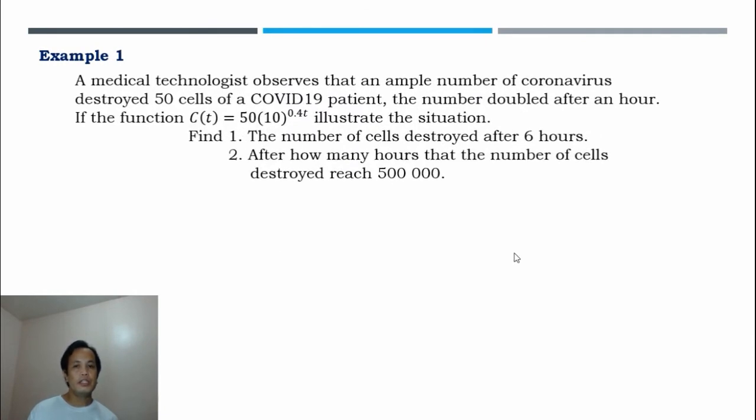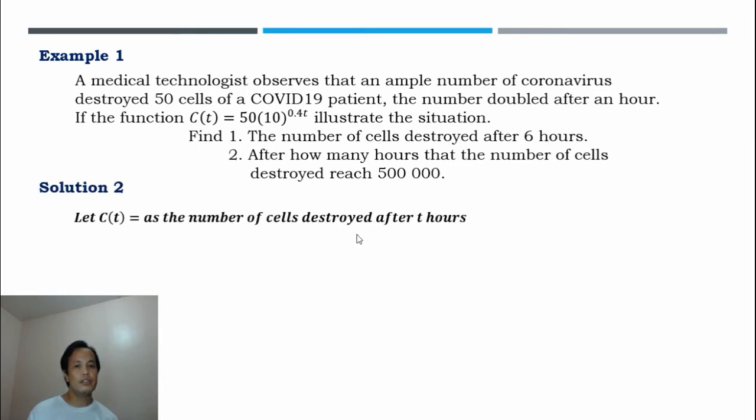After how many hours will the number of cells destroyed reach 500,000? Using the same function, we let C of t be the number of cells destroyed after t hours, and of course t is the time in hours. This time we are given the number of cells, but we are to find the number of hours.